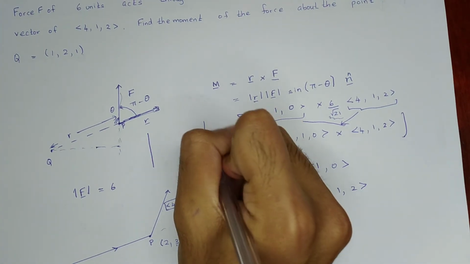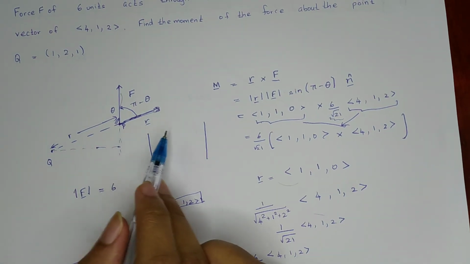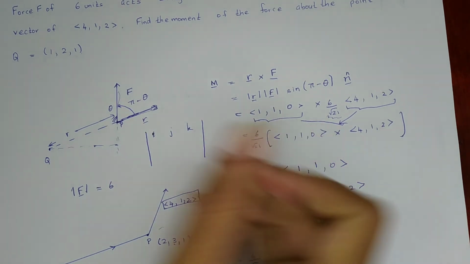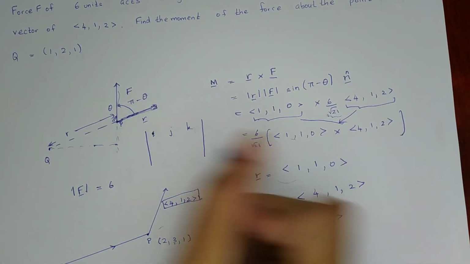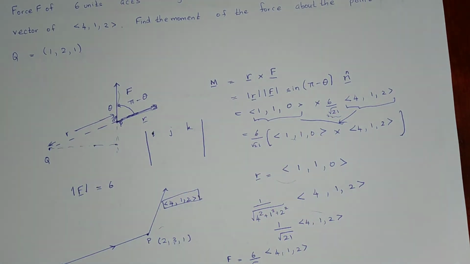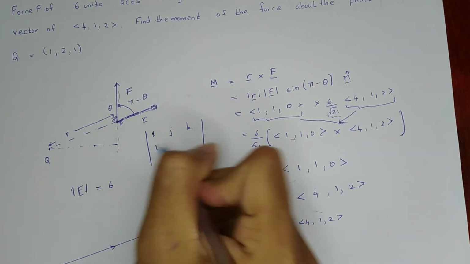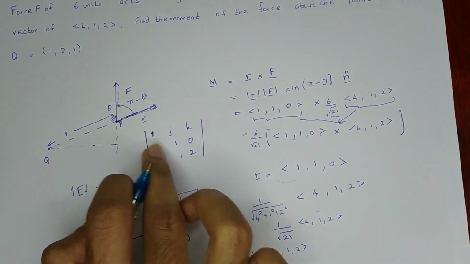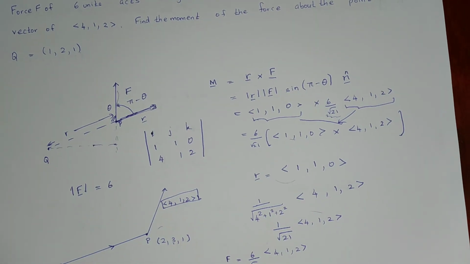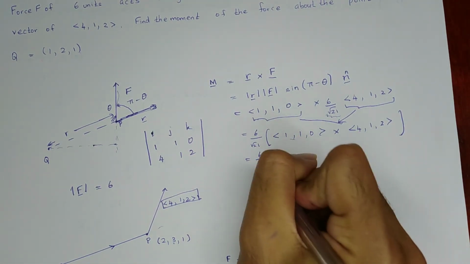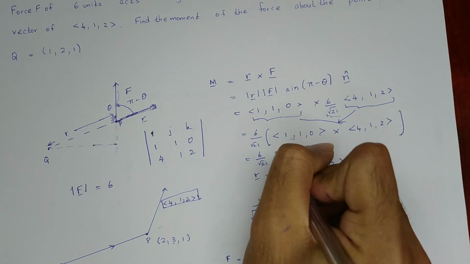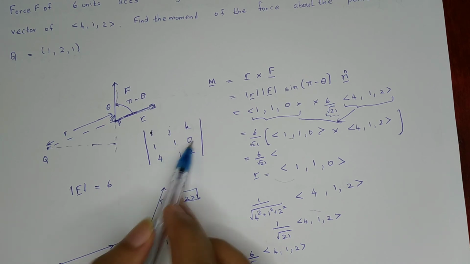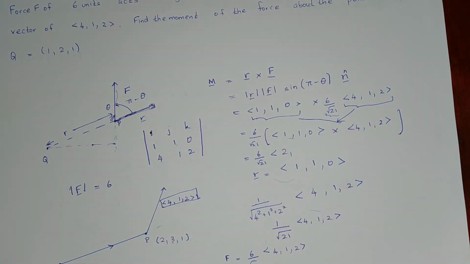I can use the simple method. When you are finding the cross product, you need to mark it like this: i, j, k. First I'm going to mark this as the first, the r direction vector, 1, 1, 0, and this is going to be 4, 1, 2. After that, I need to use the normal solving method. If I solve this, I'm going to get 1 into 2 is 2, minus 0, so the answer is 2.